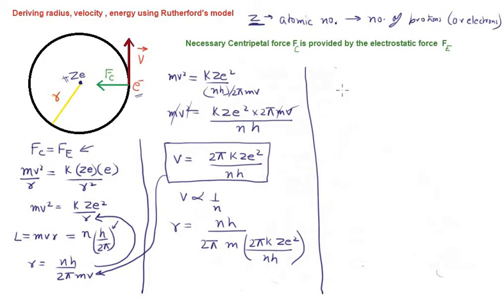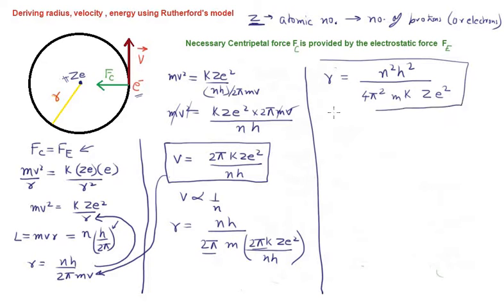Now we can say that r is equal to, now nh will go in the numerator, so n square h square divided by 2 pi into 2 pi will give you 4 pi square m k Z e square.